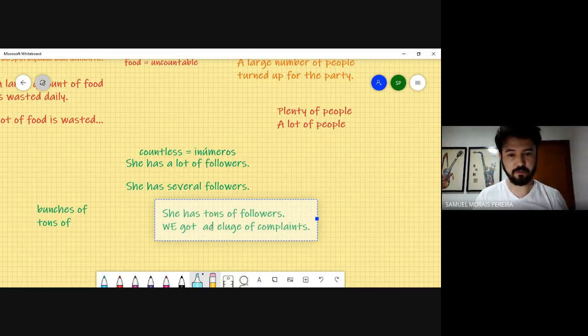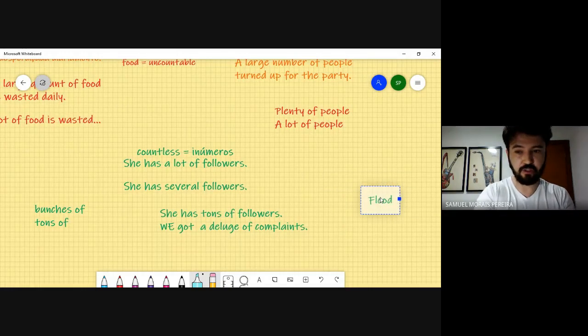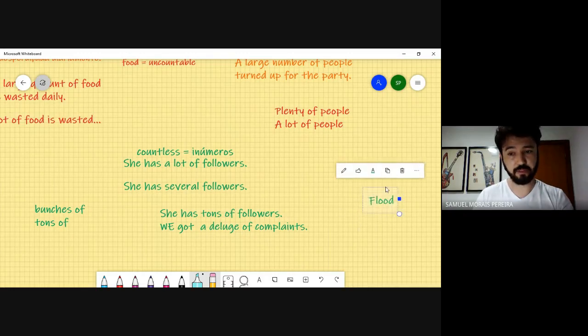A deluge of, vou escrever direitinho aqui, deluge é o dilúvio, lá na Bíblia, que na verdade faz referência a uma grande enchente, né, the flood, the great flood, mas deluge, se você procurar no dicionário, deluge é dilúvio, tá bom?